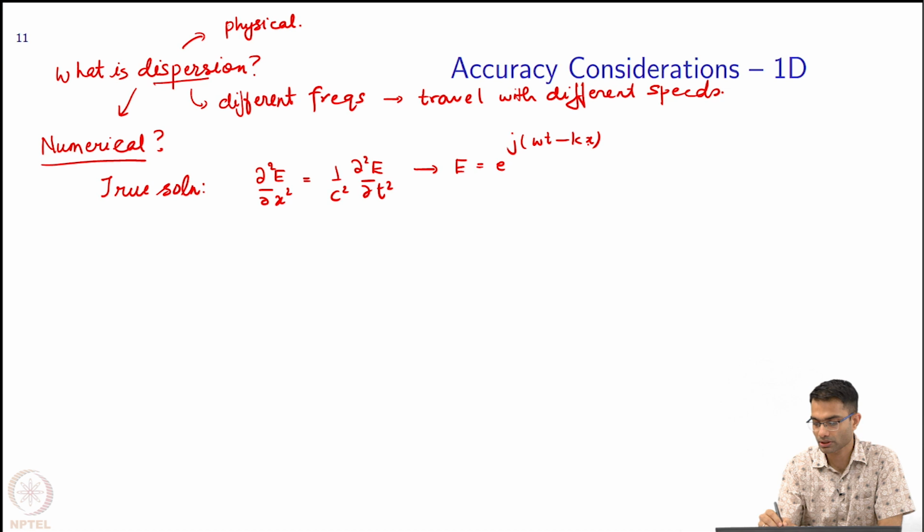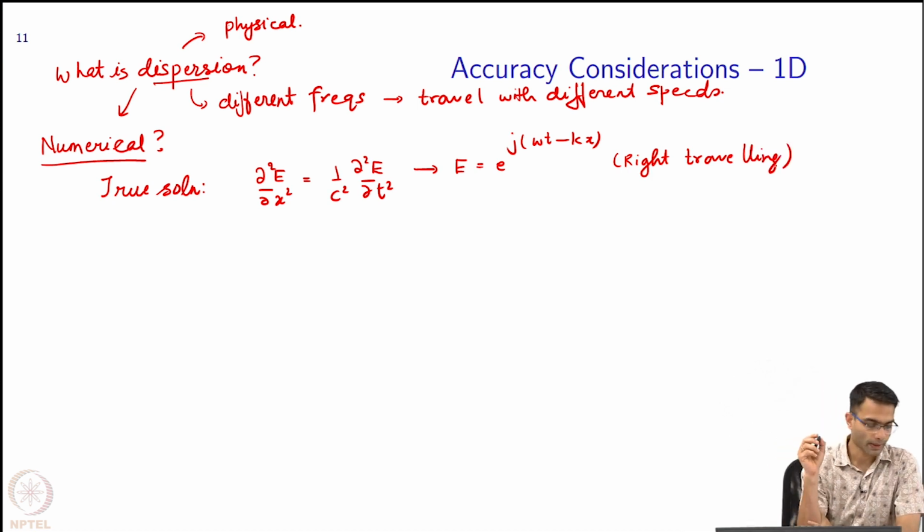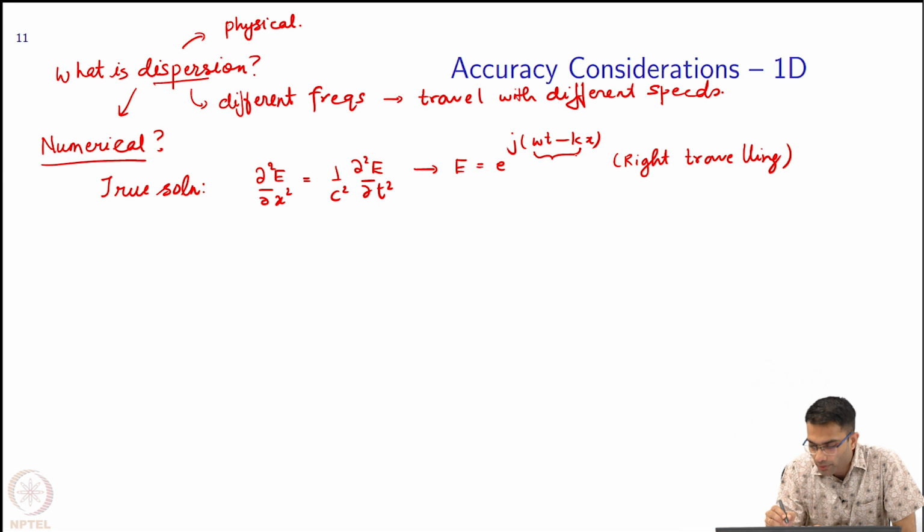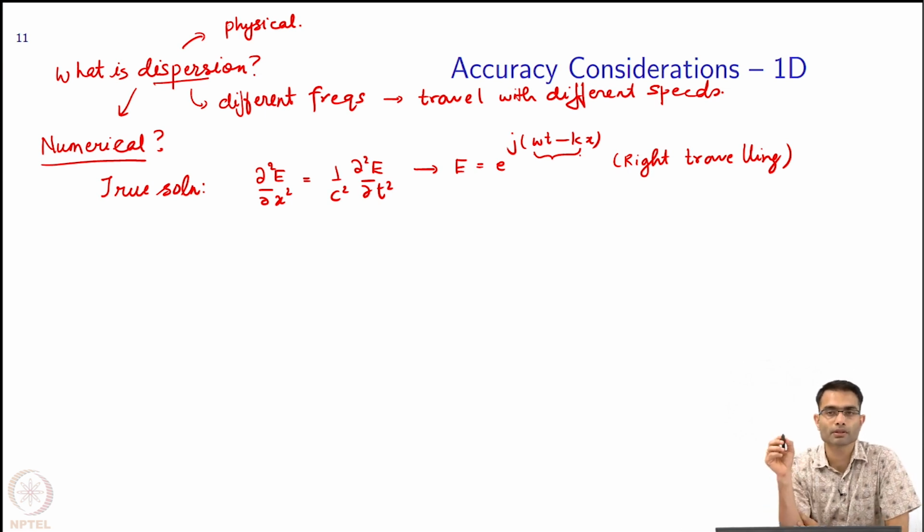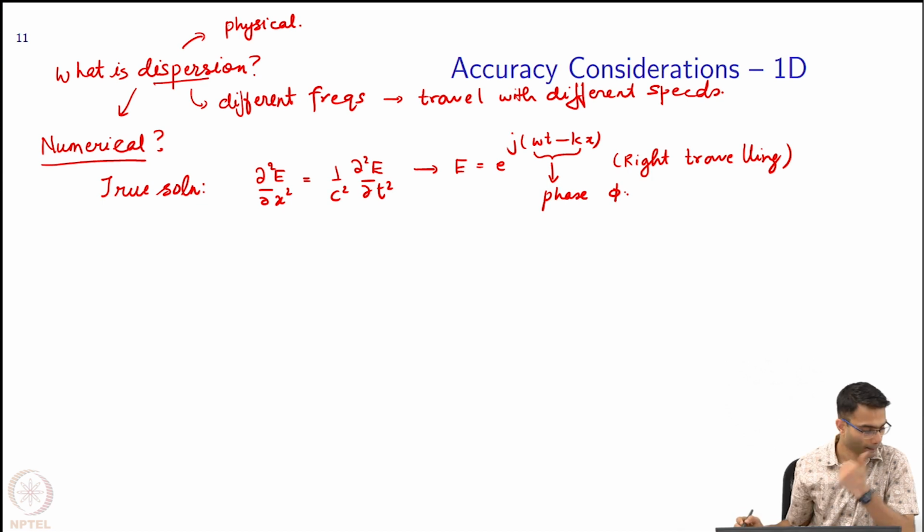So, this is a right traveling wave. Let us call this term over here, what would we call this term inside the phasor? Phase, right. So, this is the phase phi.